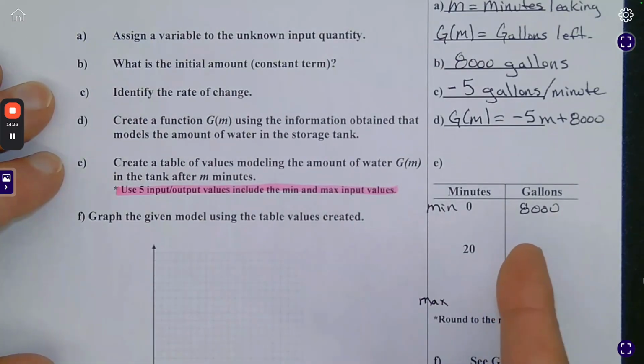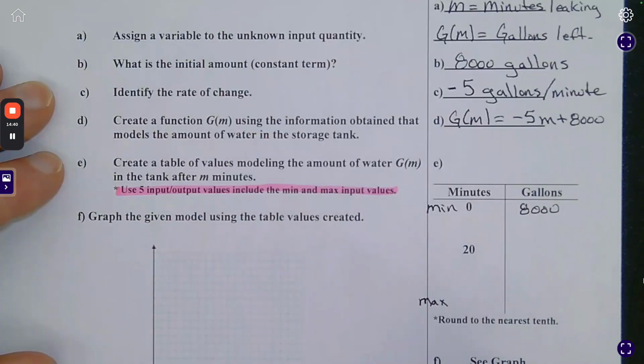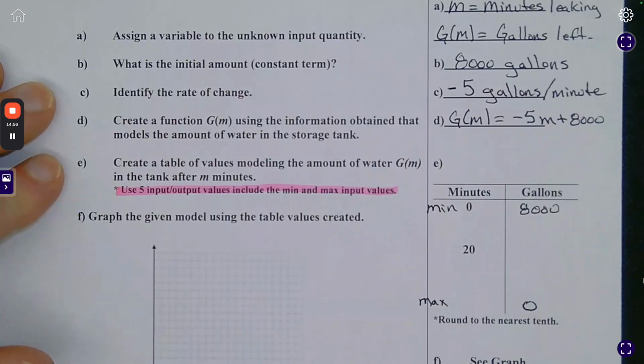So time 0 means we haven't sprung a leak yet. But now, boom, we leak. Well, how many minutes does it take for the tank to empty, to get to 0 gallons? So I know that is also true. Okay, so I got to calculate this.